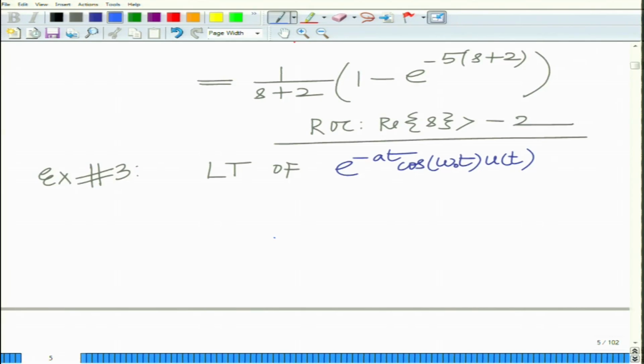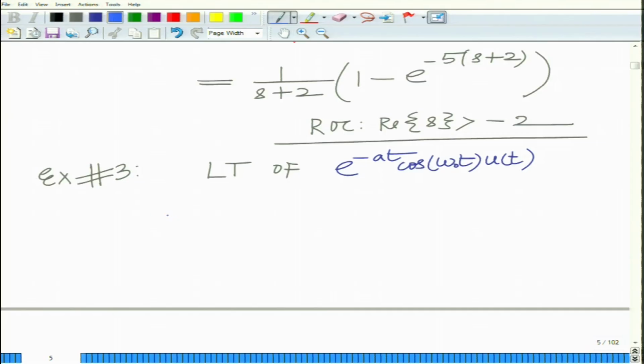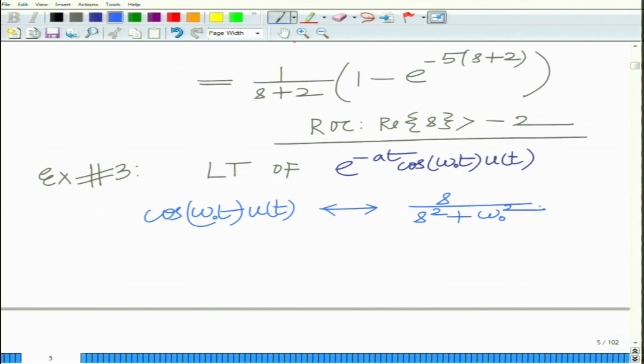And remember, we already know that the Laplace transform of cosine omega naught t u(t) is s divided by s square plus omega naught square, and the ROC for this is that the real part of s is greater than 0. This is a right handed signal.